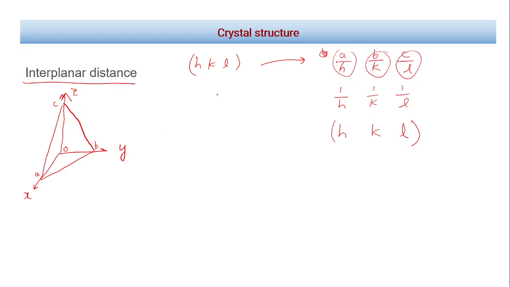So based on this, the interplanar distance, or the distance from the origin to the plane, if you want to find out the distance from this side, if I just show you, the y-axis is here and my plane is cutting this side like this.